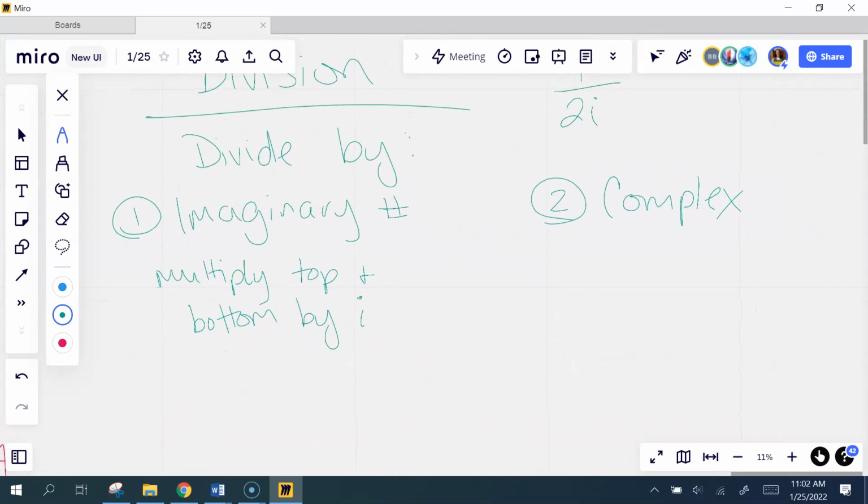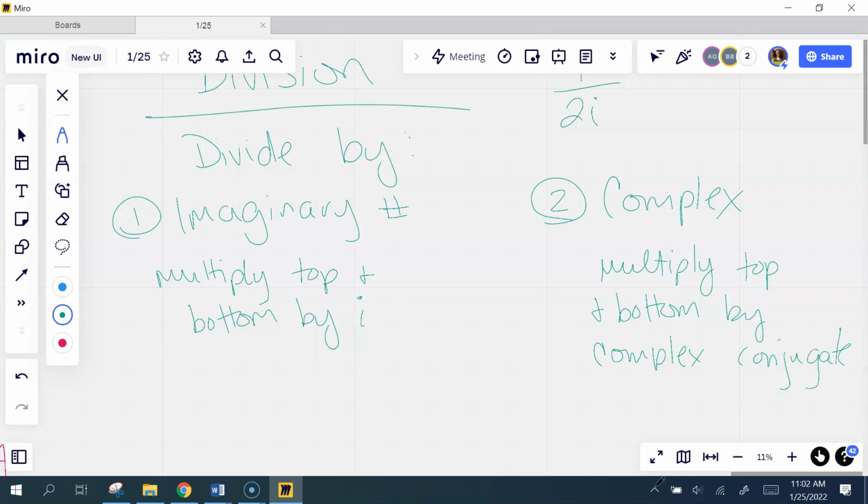But if I'm dividing by a complex, that's it for that one. How can I get the i to go away if I'm talking about a complex number? We just did it. You do the complex conjugate. I won't work through these with you, but I will just show you an example of what you'll need to multiply by.